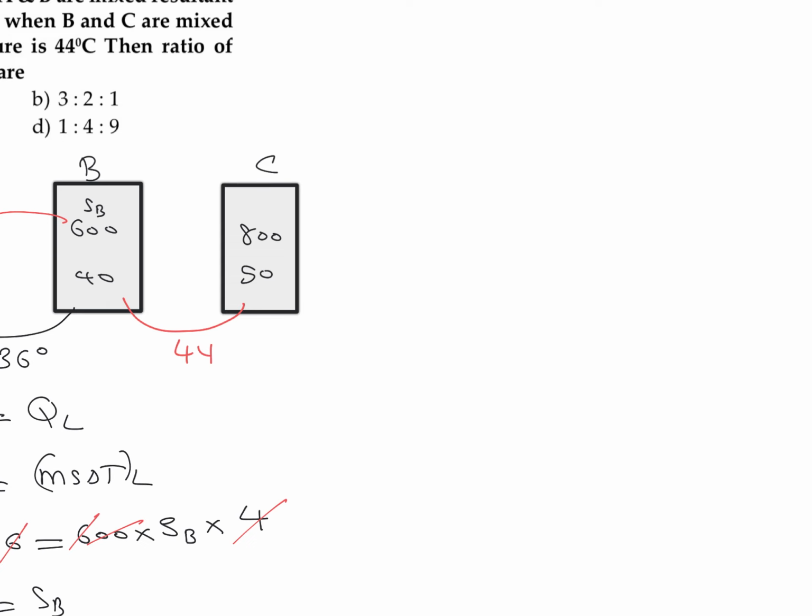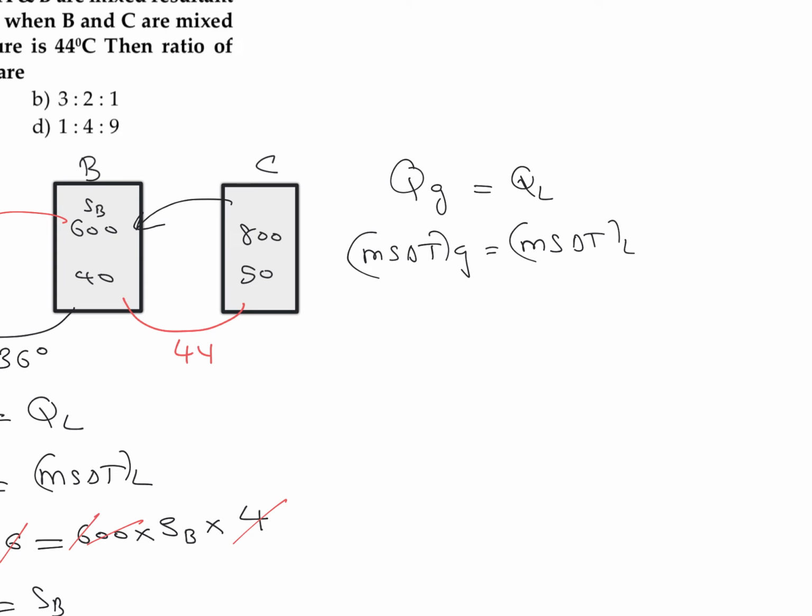According to this, there will be a flow of heat energy from C to B. So the heat gained by B is equal to the heat lost by C. Again ms delta T of heat gain equals ms delta T of heat loss. The mass of B is 600, its specific heat capacity is SB, and the change in temperature, initially 40, now 44, is 4.